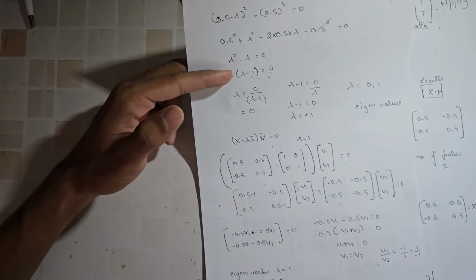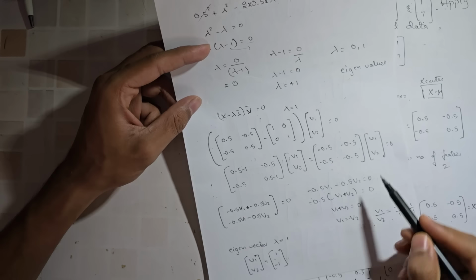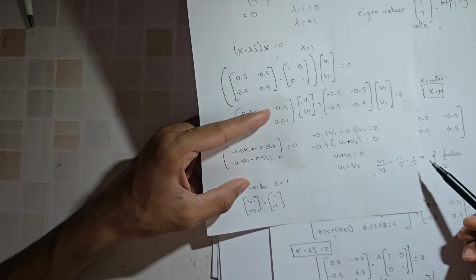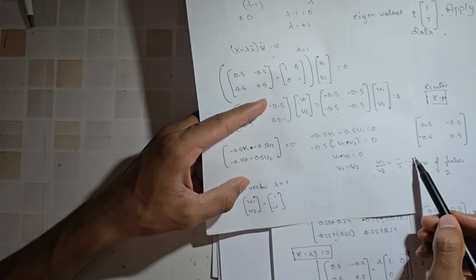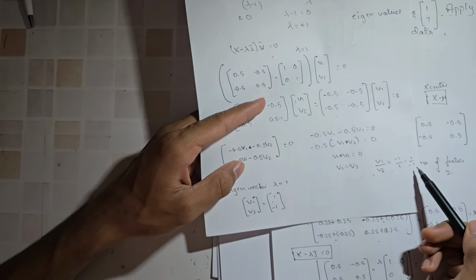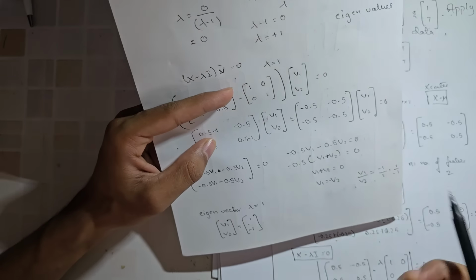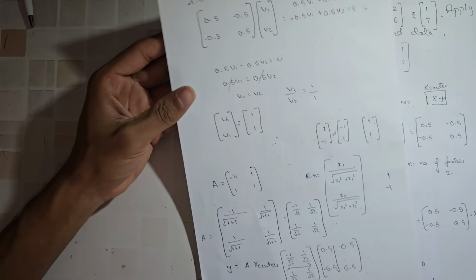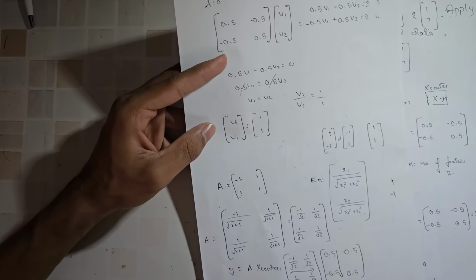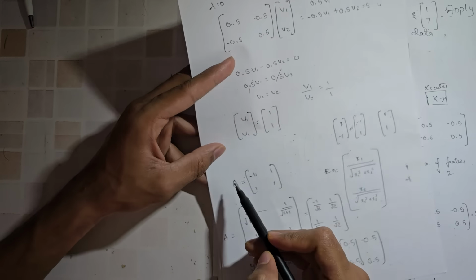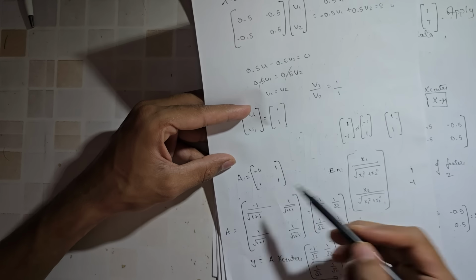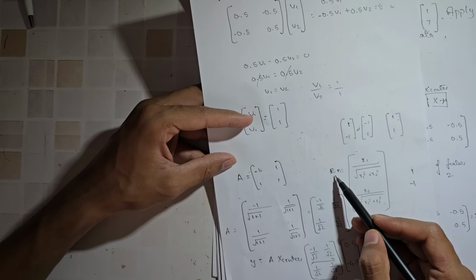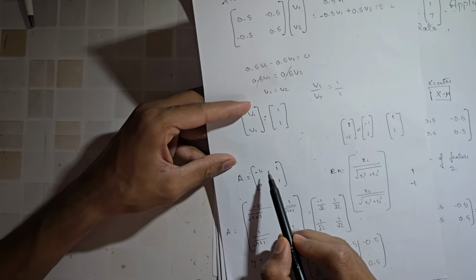Then if you want to find the eigenvector, this vector, you will multiply with that. You will get two equations. Solve any one equation, you will get one matrix. We got here either minus 1 by 1 or 1 divided by minus 1. Both are the same. It's better if you take 1 divided by minus 1, because v1 v2 is coming down, right, but both are fine. Once you get both the values, you have to combine both the vectors into one matrix A, and then you have to find the normalization. Very simple.